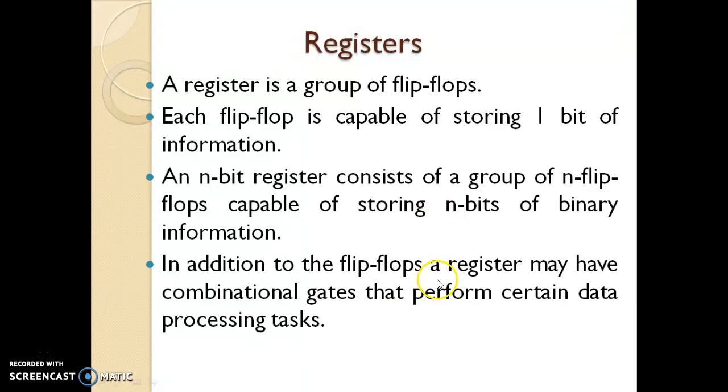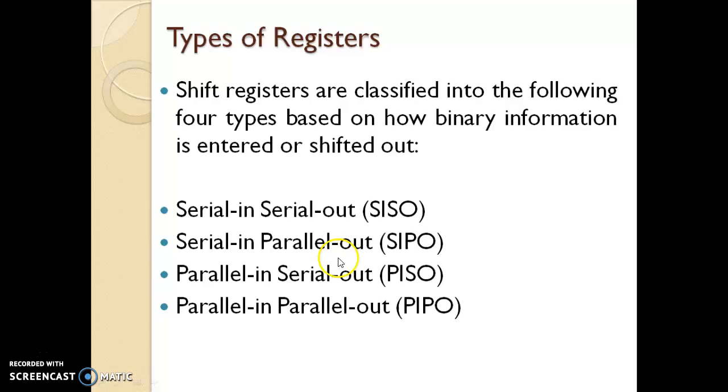In addition to the flip-flops, there may be combinational gates or some basic gates present in this register circuit. The types of shift registers are based on how the input is being taken and how the output is coming out from that particular circuit.